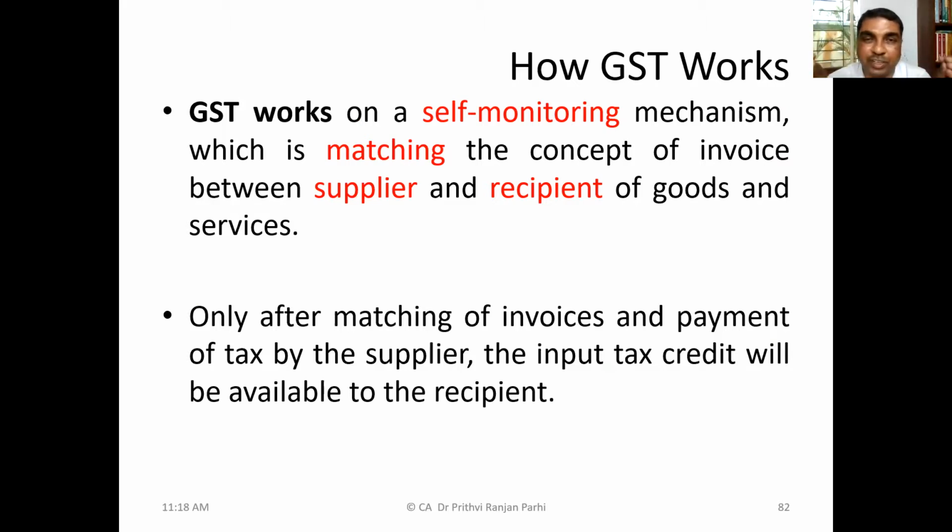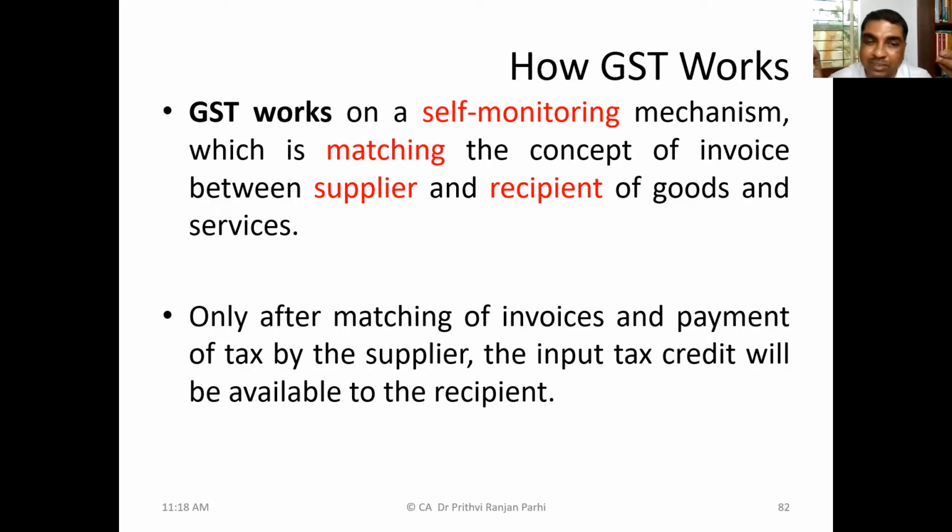GST operates under a self-monitoring mechanism. That means only when the supplier files a return, it will be reflected in the ledger of the purchaser, and the purchaser can avail credit.